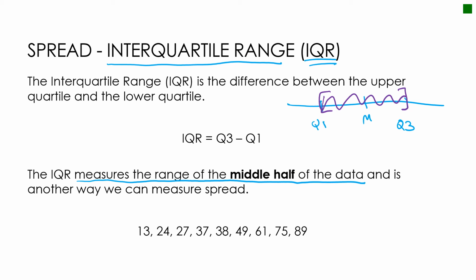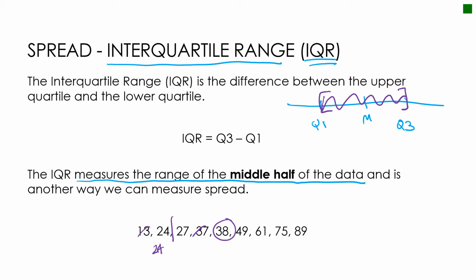So again, let's take a look at the data here. If I counted in on each side, I would find that 38 is my median. Then what I would do is find the first quartile, which is counting in from each side on the lower half of data. And I get 24 and 27.